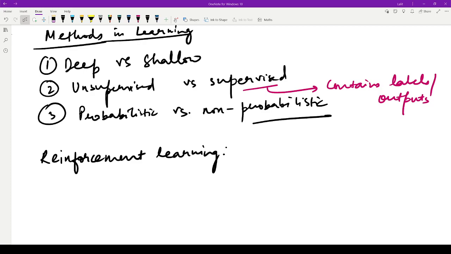There is no specific way in which it can do it. There are multiple ways. The aggregate of the actions gives you the output. There is no specific optimal way to get that cup. You can either hold the cup directly, or you can turn around and hold the cup indirectly. The point is, the final answer that we need is the robot holding a cup. It's mainly used in robotics these days. Of course, there are other applications as well, but that's the current hot field where it's applied.